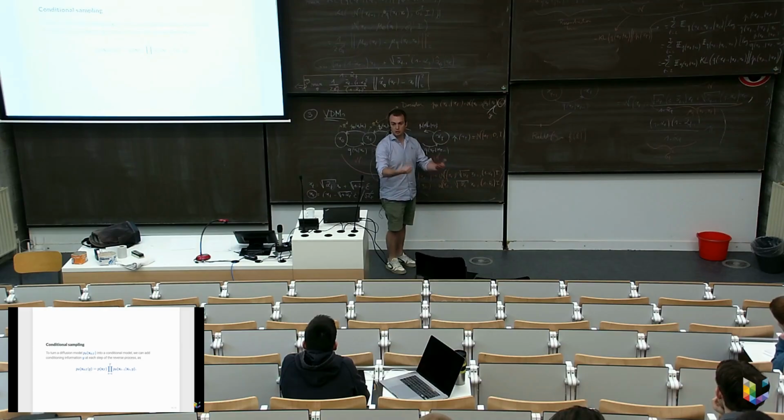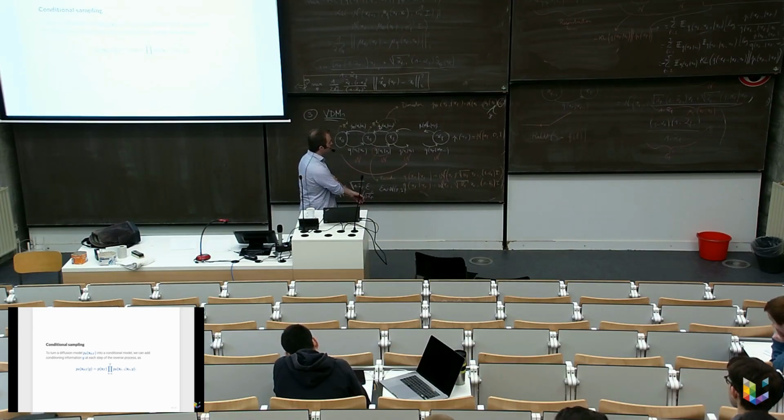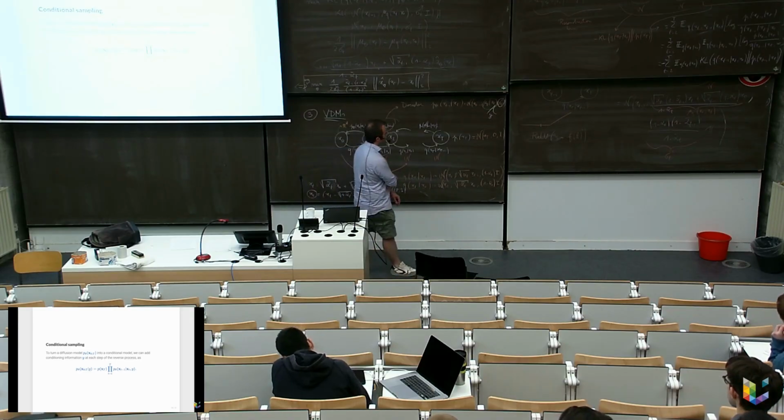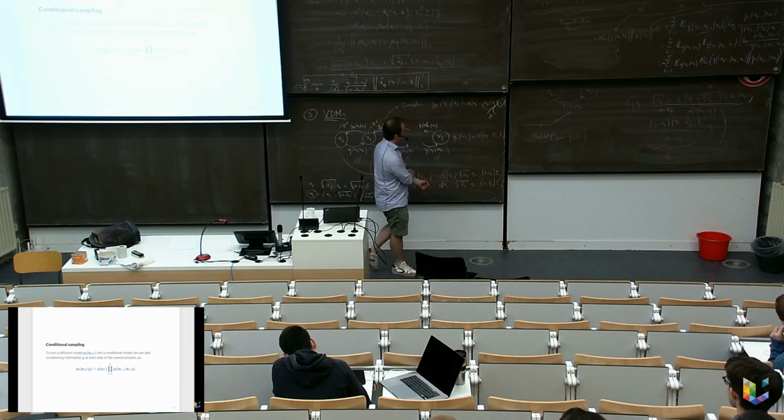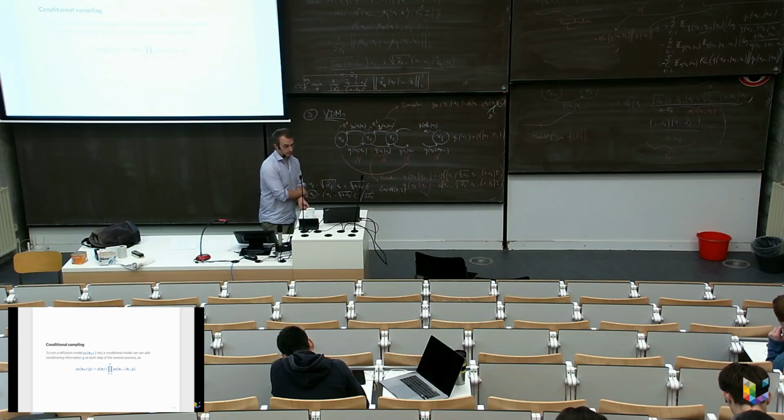And if you train on pairs of inputs and outputs, x and y, then eventually it will work, and at the end of training you will get a generator which you can condition on these y values that you have also seen during training.